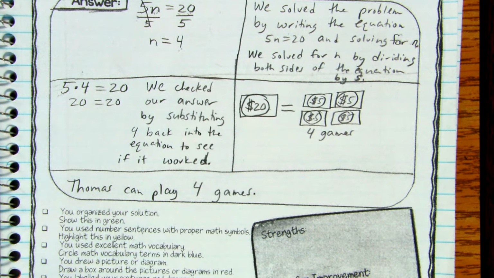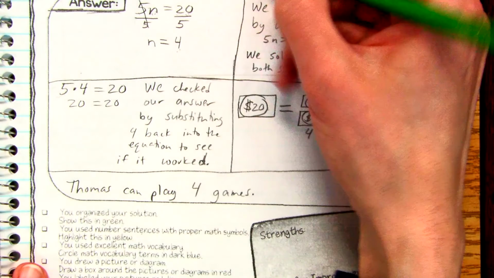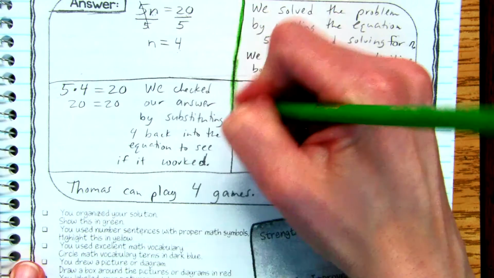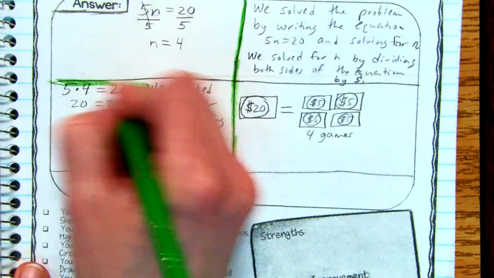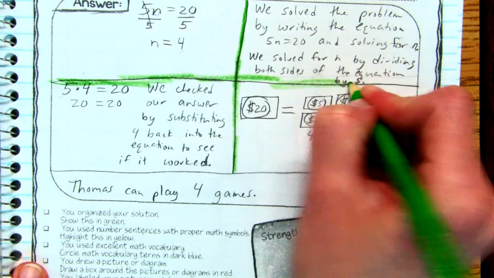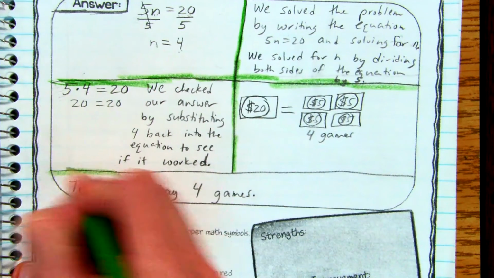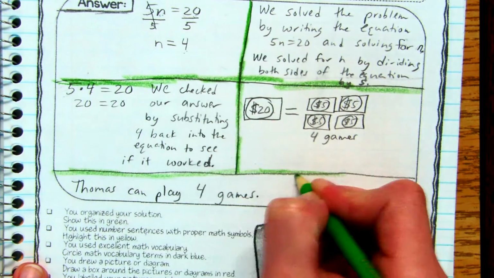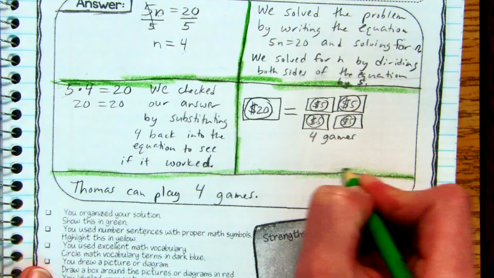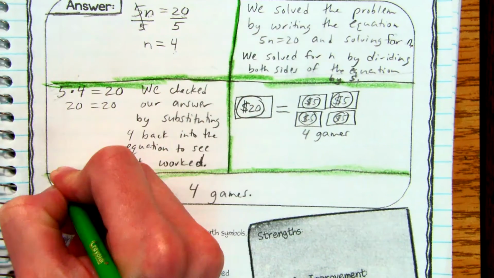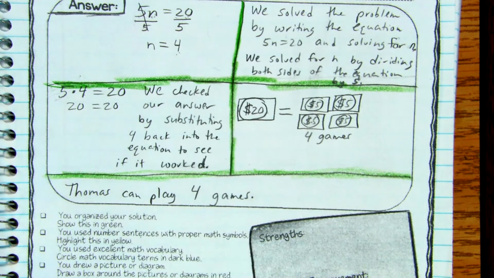So usually, if you didn't draw lines before, I would just highlight how this is organized with green. Just showing those dividing lines helps us show we organized it and broke it up into different pieces and made sure that our space was used correctly. Okay? So that's the first one.